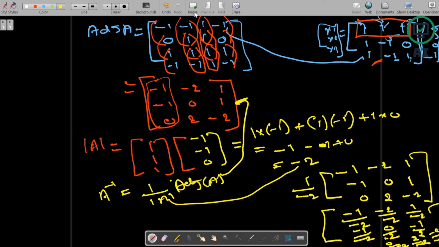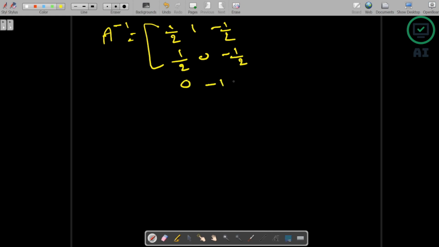So you will get the resulting matrix. Let me erase this one, I don't have space here. So after doing that, you will get A inverse: 1 by 2, 1, minus 1 by 2, 1 by 2, 0, minus 1 by 2, 0, minus 1, 1. So this is A inverse, and A inverse times A is nothing but the identity matrix, which you can multiply and prove.